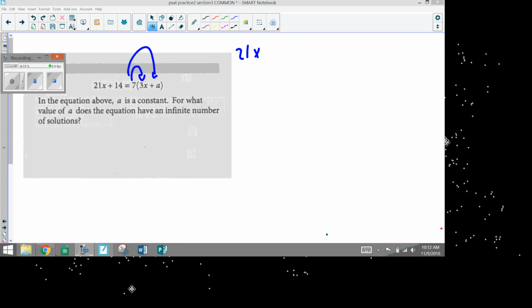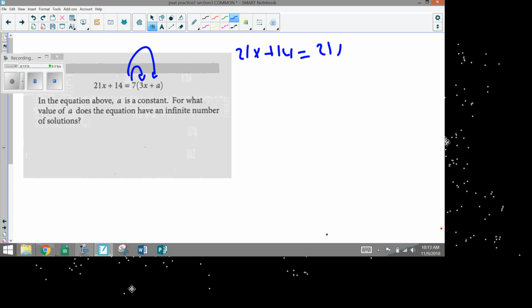I was doing this question, I was just distributing: 21x plus 14 is equal to 7 times 3x plus 7a. Okay. Infinite number of solutions. When you look at that, what is A? The question asks for A, so circle it.